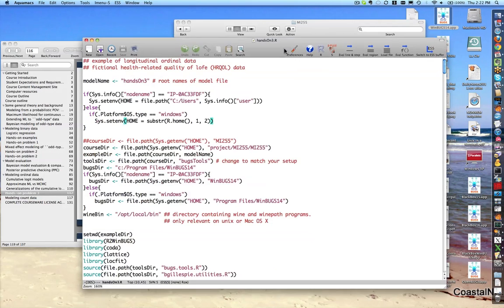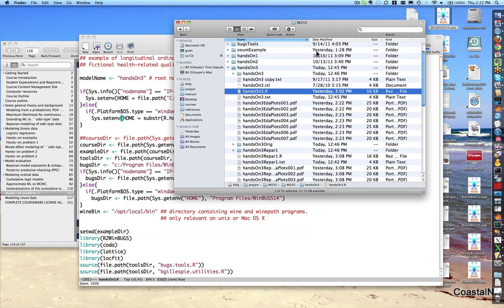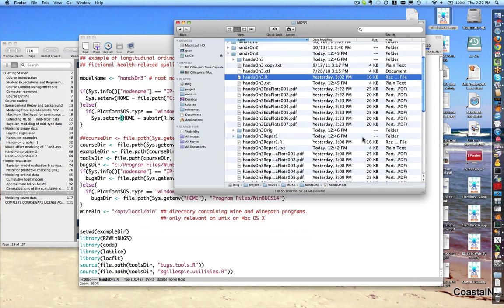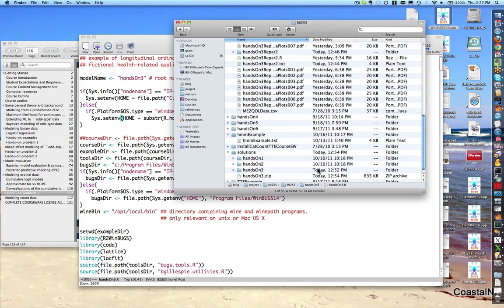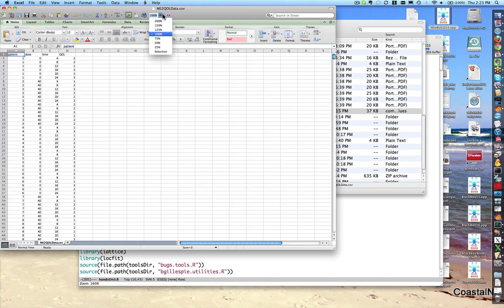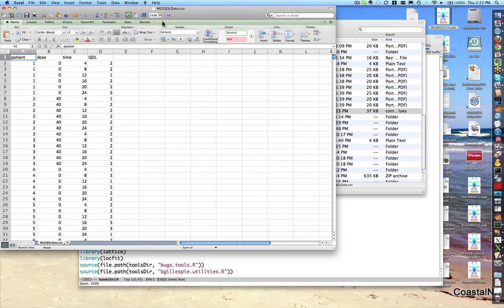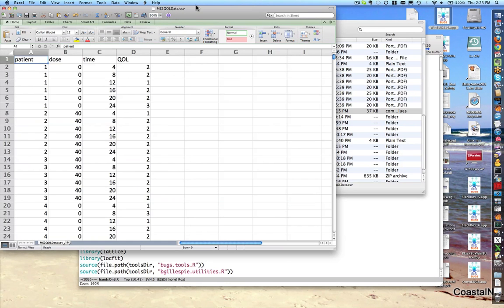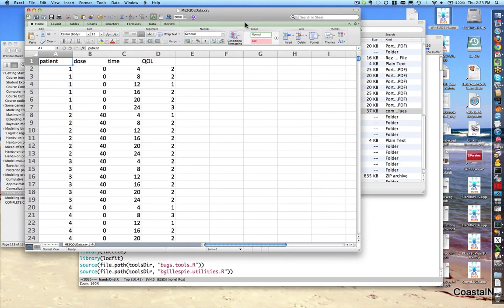Okay, and actually even before we look at that in any detail, let's open up the data set so that you actually see what we're building on here. The data set's a fairly simple looking thing since we didn't capture a bunch of covariates in it.